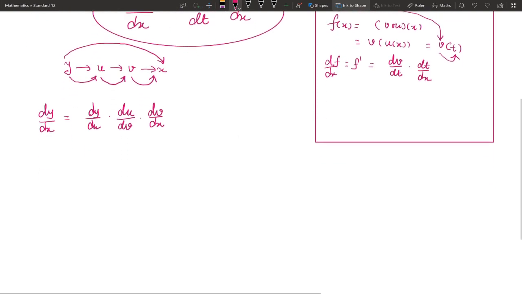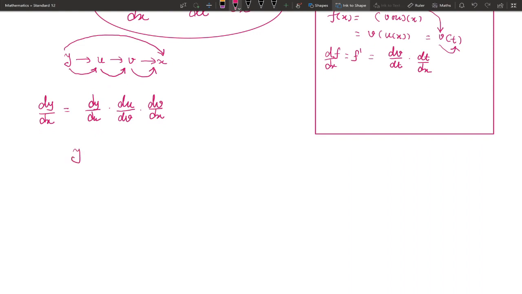We take one simple example. For example, we take y equal to sin x square, evaluate dy by dx. By practice we will learn this chain rule. Initially we define let u equal to x square.